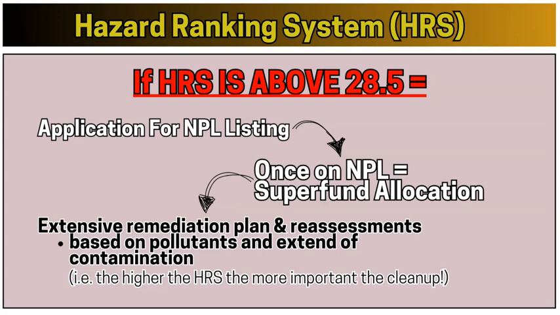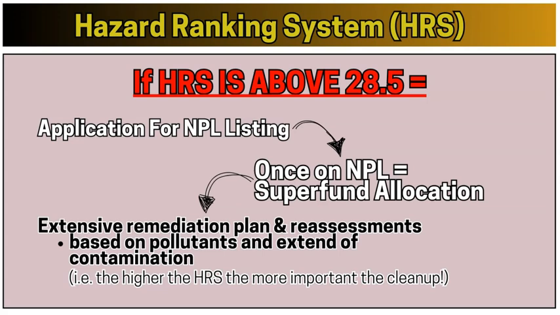Therefore, the higher the HRS number is, the more intensive the remediation, the action that has to be taken on that site to combat any future issues with health of humans in the area and obviously the ecosystem. So this NPL is a federal list and it is constantly being updated. Some sites are being removed because they've been cleaned up, they've been remediated. Some sites are being reassessed to give a different number based on the current pollution levels. This is an ongoing process.